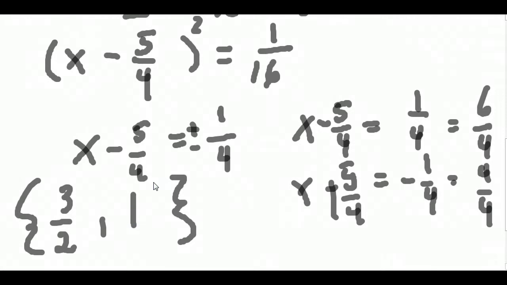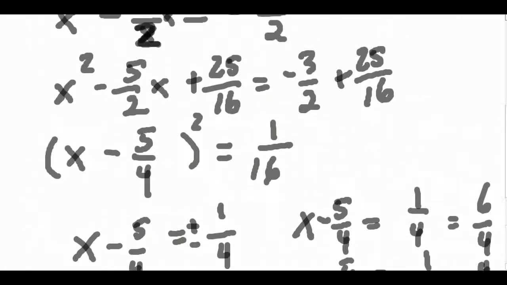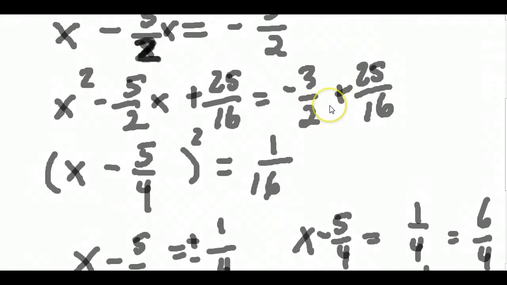So Nathan, where did you get lost? Like, x minus 5/4 squared. Okay, so we have x minus 5/4 squared equals 1/16. Why does it equal 1/16? Because we had negative 3/2 plus 25/16, and what we did was we turned that negative 3/2 into 16ths.